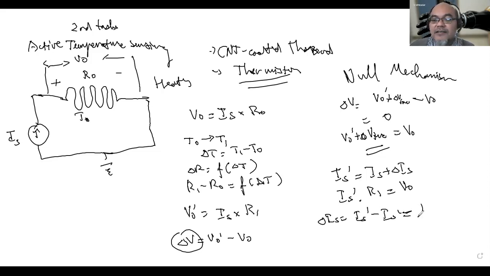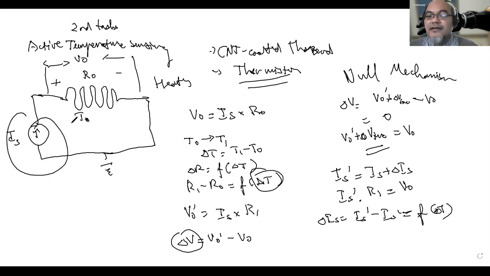This will be a function of the temperature, because the temperature change, delta T, is related to the resistance change. The resistance change will cause a voltage change here, and to compensate that voltage change, you have to increase or decrease the current, such that this becomes 0 again, right?